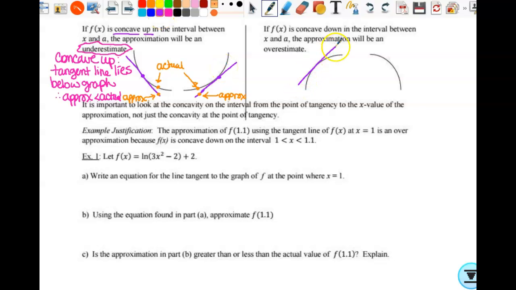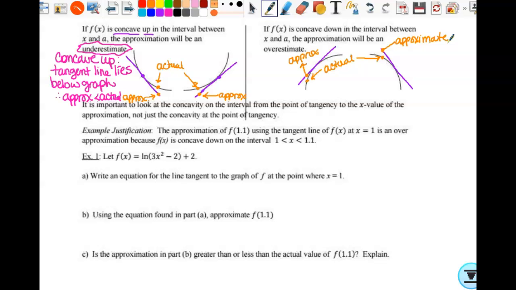So if I draw these, like so, these will be the actual right here. And this is the approximate. Okay, so the approximate and the actual.